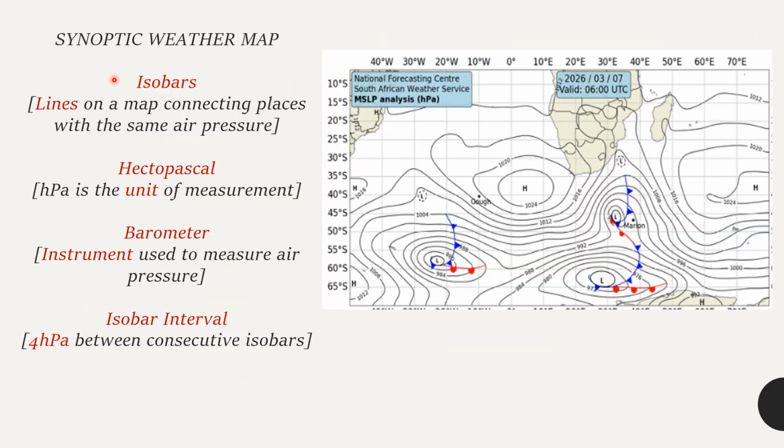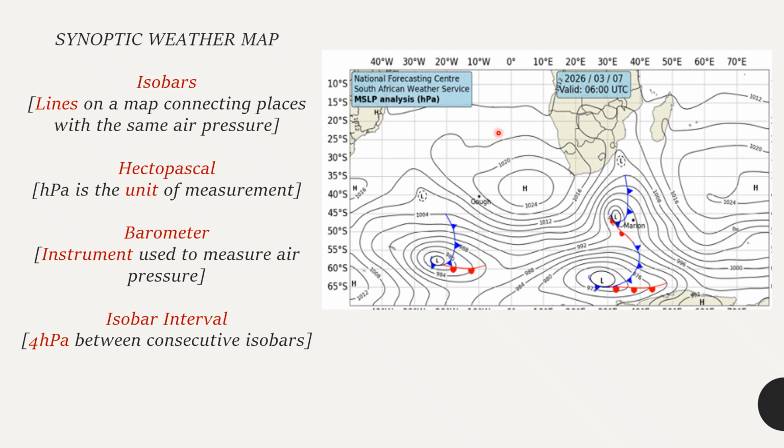On a synoptic weather map, isobars, which are lines that connect all places with the same pressure, are used to indicate atmospheric pressure. On the accompanying map, you'll see that there are a number of lines traveling all across the map, and that simply means that wherever that line travels around this map, the pressure is going to be the same.